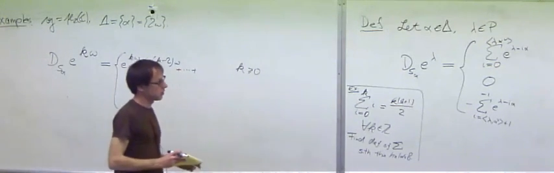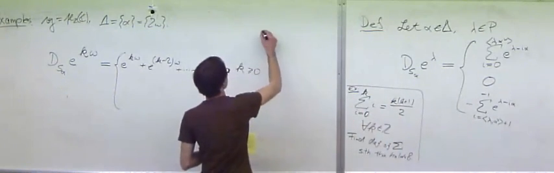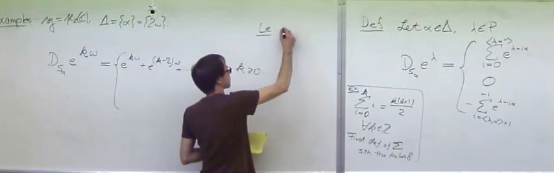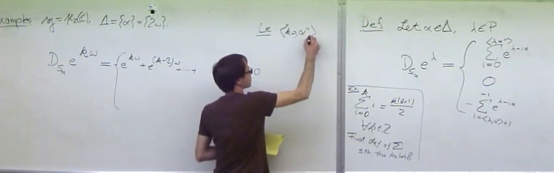We're in the first case here, because there is this lemma: k omega paired with alpha check is just k.